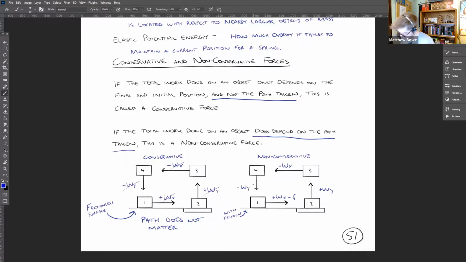And we see all of the terms cancel, except there's this difference of force that was required. And that was purely on the path that I took in moving this thing. So I'll say the path does matter.